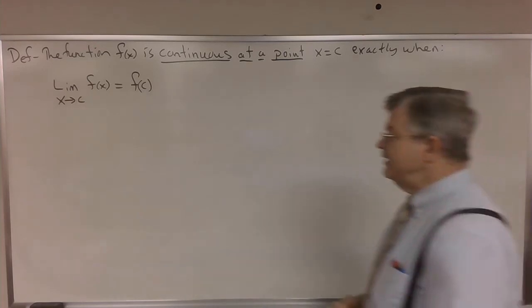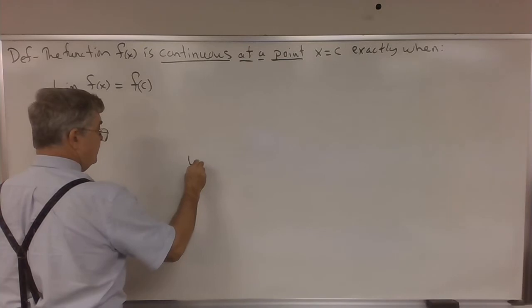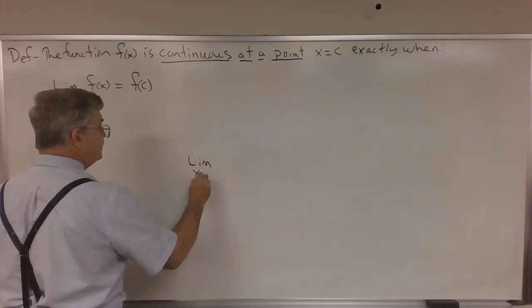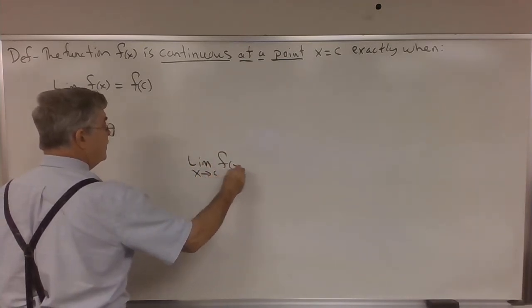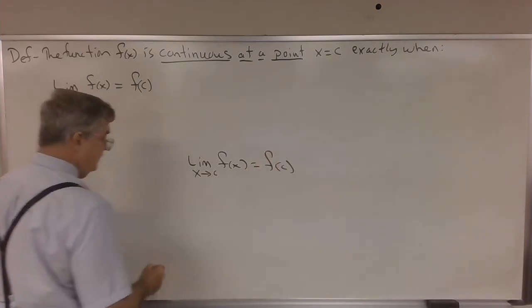I'm going to write this criterion down again, right down here. The limit as x approaches c of f of x is equal to f evaluated at c.